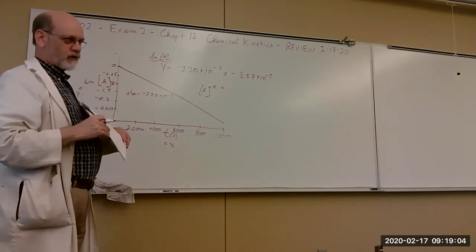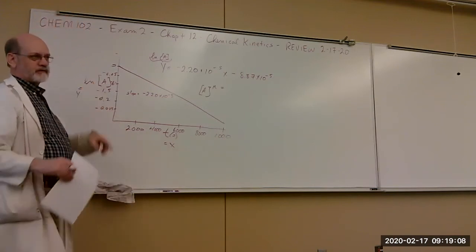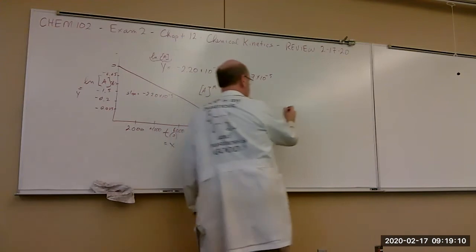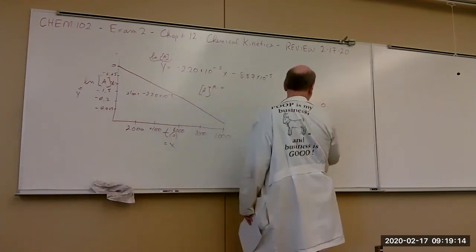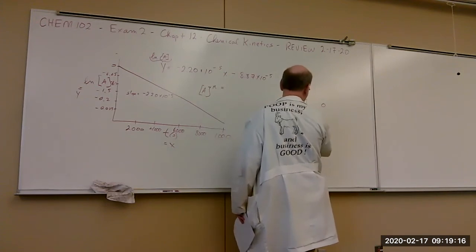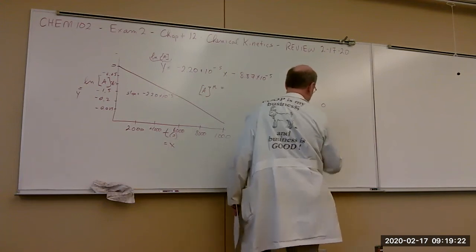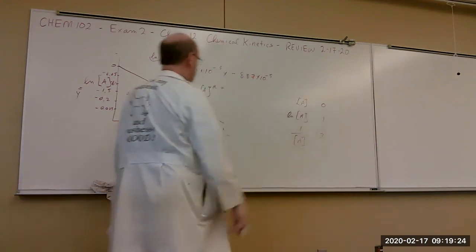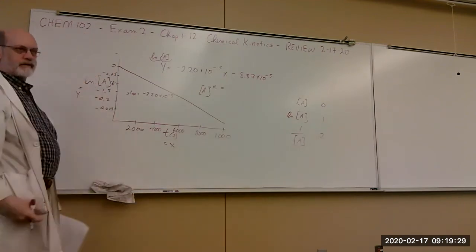How do you know the order of a reaction? What's the transformation? If the data is plotted like that, zero order. The data is plotted like this, first order. The data is plotted like this, second order. First order, right? That's the key right there. That says it's first order.